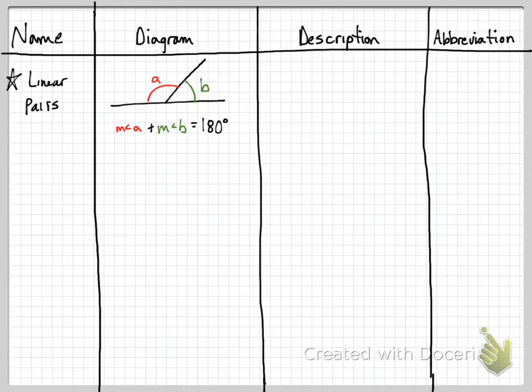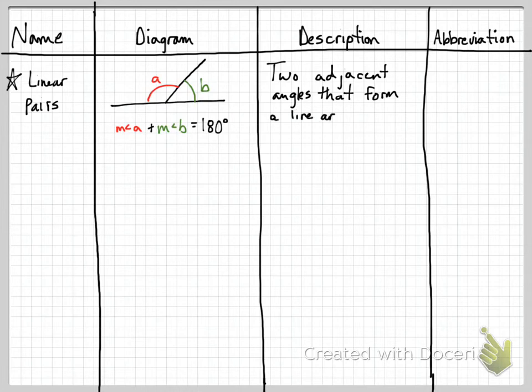Two adjacent angles that form a line are supplementary. And I threw in the abbreviation right there, it's just LP.